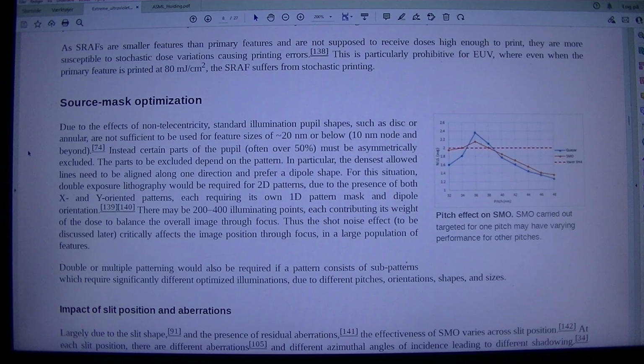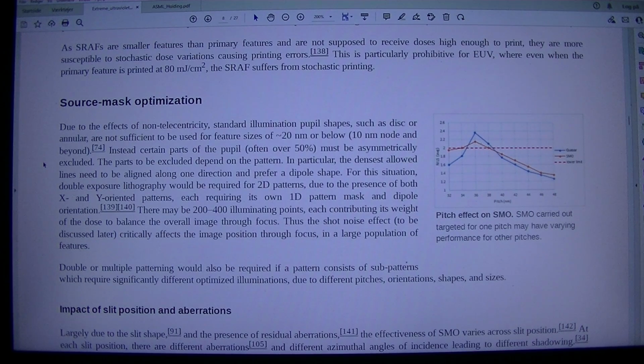Source mask optimization. Pitch effect on SMO. SMO carried out for one pitch may have varying performance for other pitches. Due to the effects of non-telecentricity, standard illumination pupil shapes, such as disc and annular, are not sufficient for feature sizes of ~20 nm or below, 10 nm node and beyond. 74.